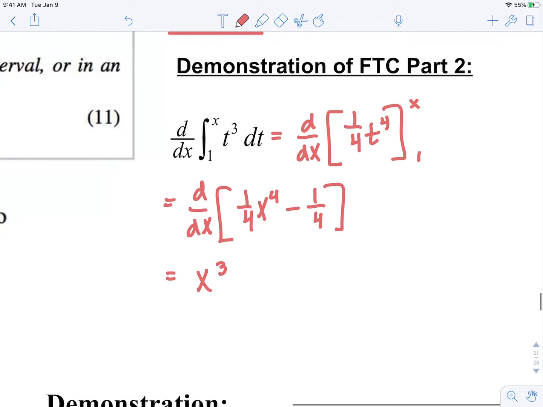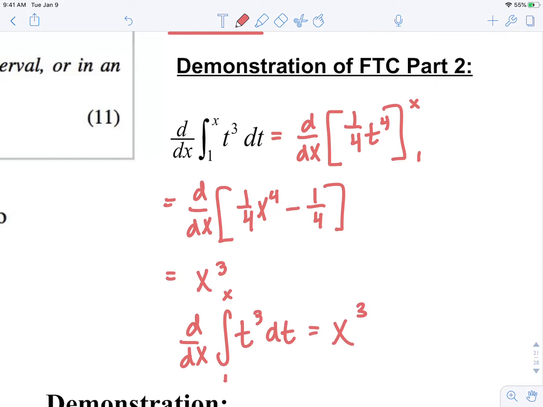So what we've shown is the derivative with respect to x of the integral from 1 to x of t cubed dt is just x cubed. So notice all we ended up doing is taking this variable and replacing the initial variable of that integral, they call it a dummy variable.